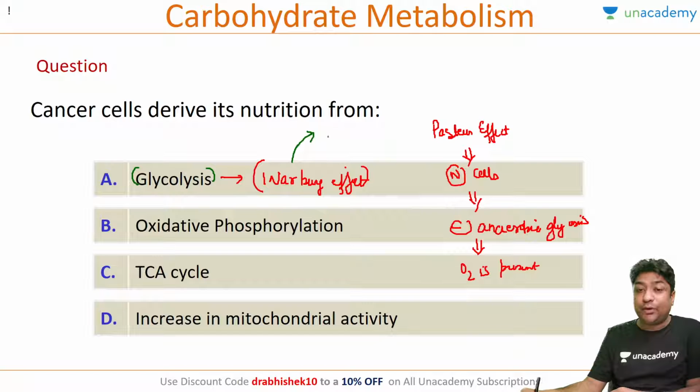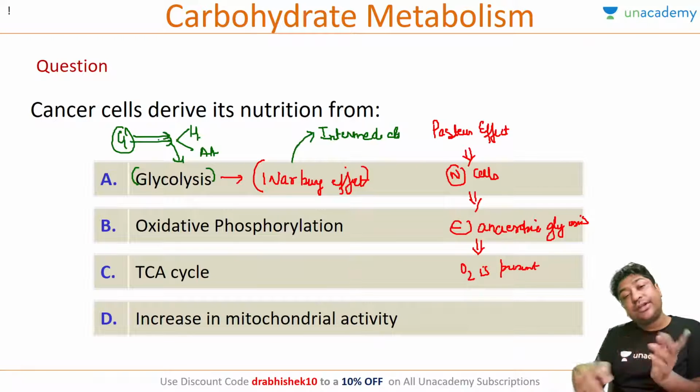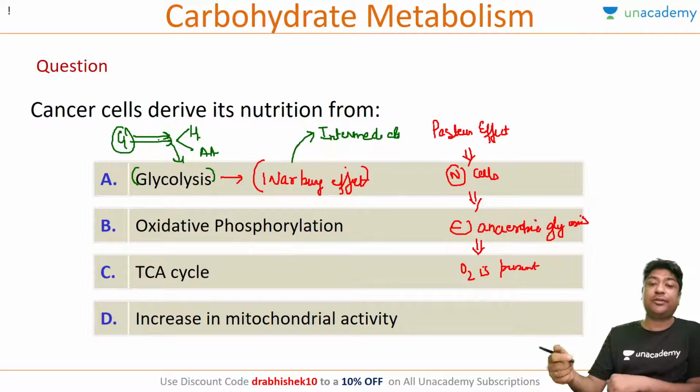To multiply quickly, they need a lot of intermediates of metabolism, a lot of growth material. The glucose is converted into creation of those materials, like heme, amino acids, non-essential amino acids, DNA, RNA. So this glucose is channelized into creation of those rather than into creation of energy. So that is why the Warburg effect happens.